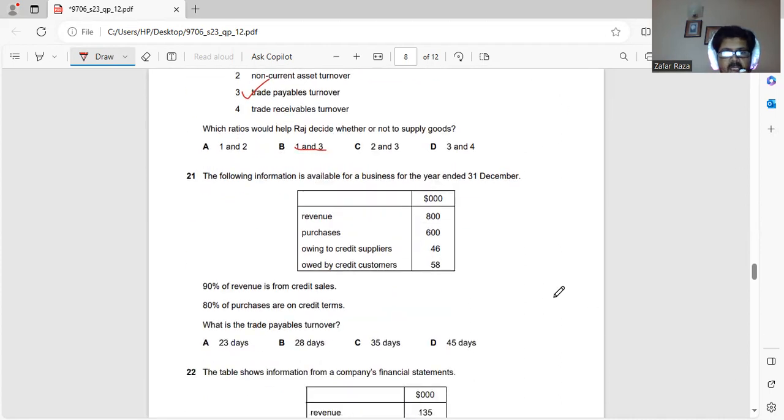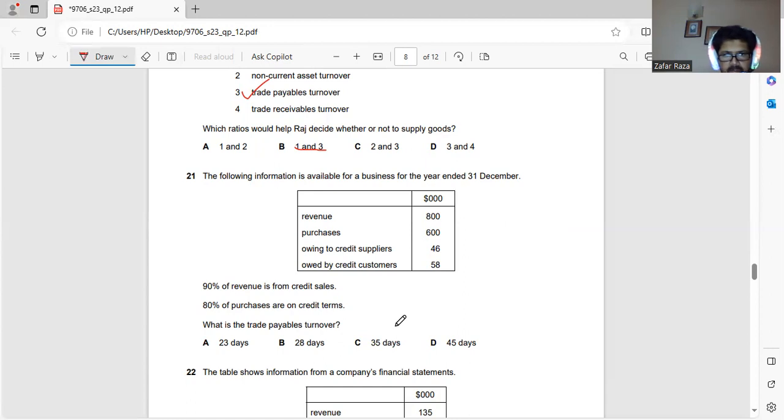Okay. The following information is available for a business for the year ended 31st December: revenue, purchases, owing to credit suppliers, owed to credit customers. 90% of the revenue is from trade sales, 80% of purchases are on trade. What is the trade payable turnover?